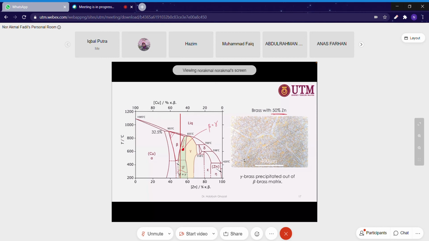Okay, what about this point? This is not beta plus gamma. What about this point? Point B. What phase for point B?